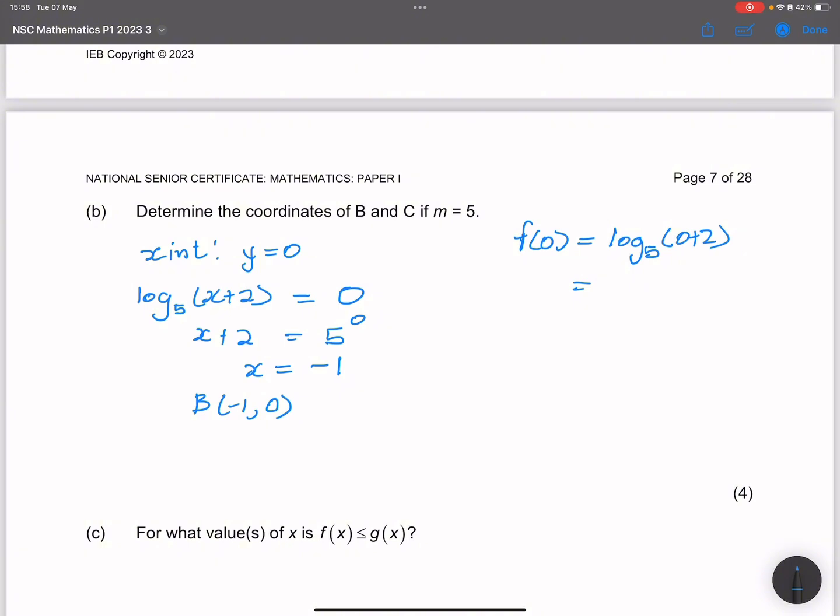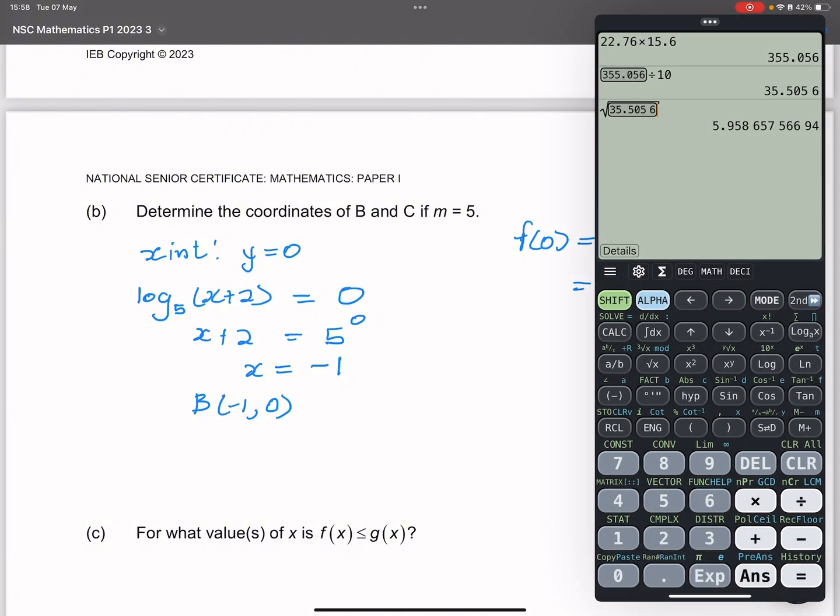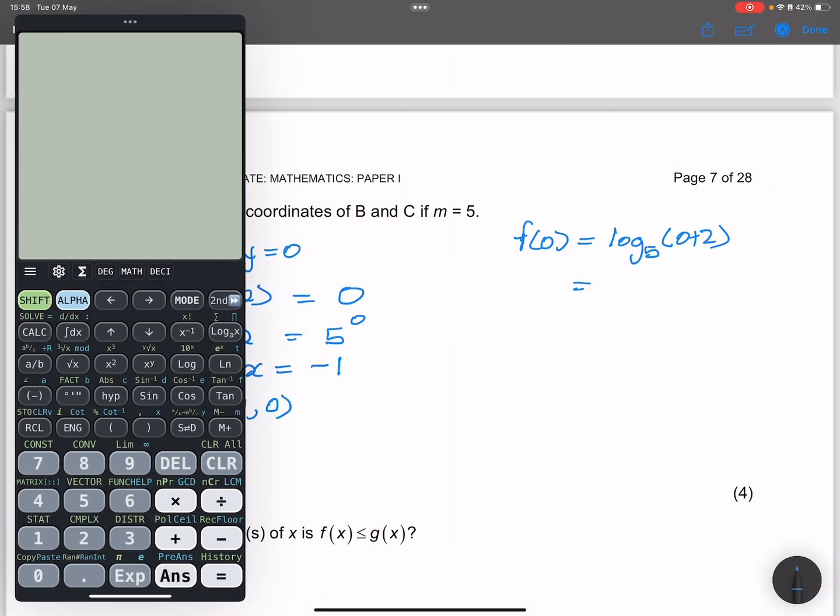We can find that, we can use our calculator there. Remember, this is log base 5 of 2.